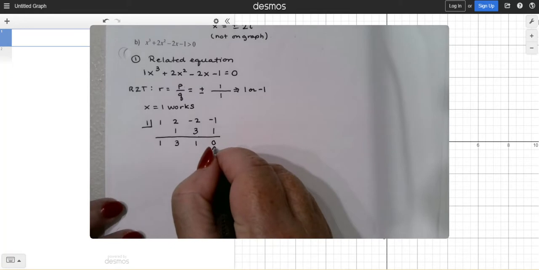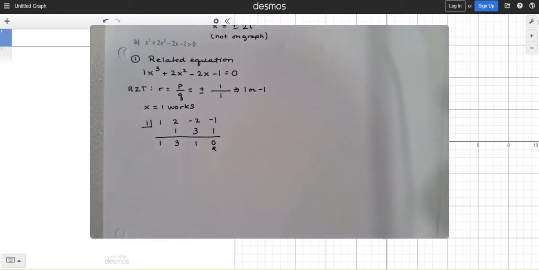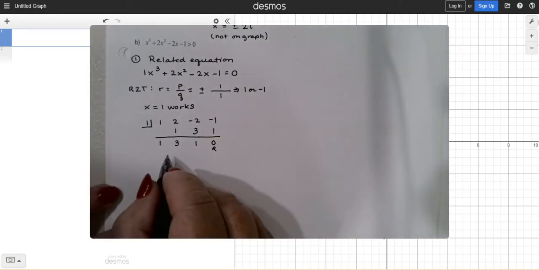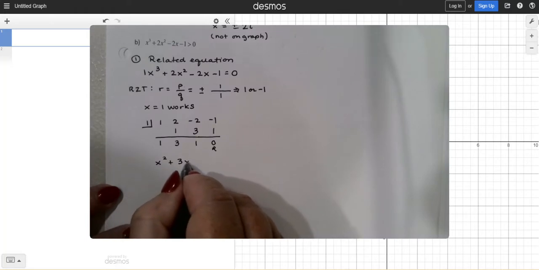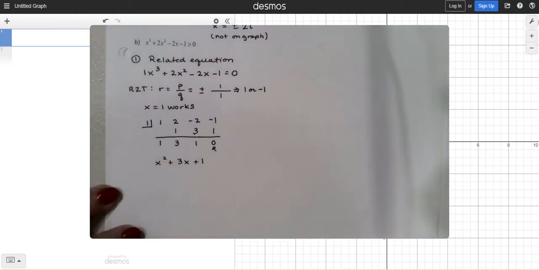Remainder 0, as expected. And that would give me x squared plus 3x plus 1 as my quotient.